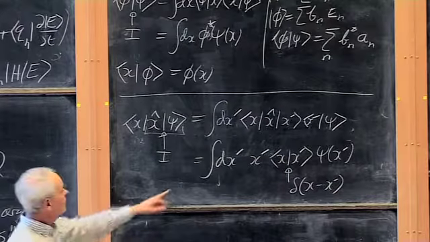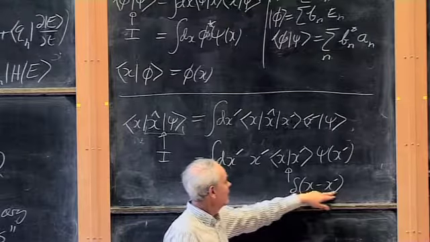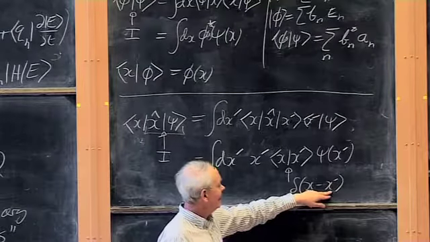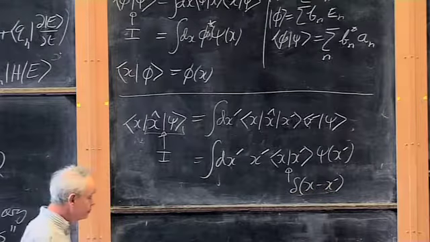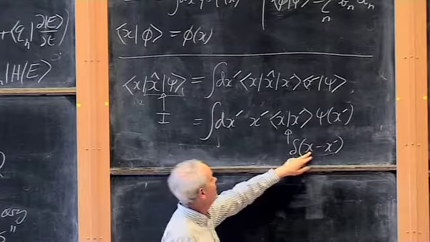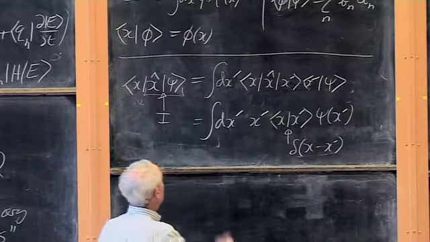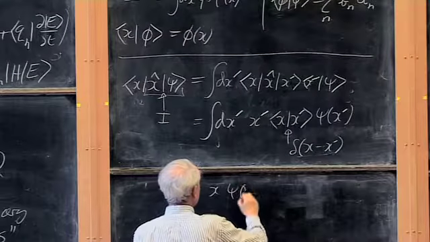So when we do the integration over x prime, this ensures that we get no contribution except at that split second when x prime is equal to x. And we get the value of the integrand evaluated with these x primes turned into x. So this is equal to x times psi of x.